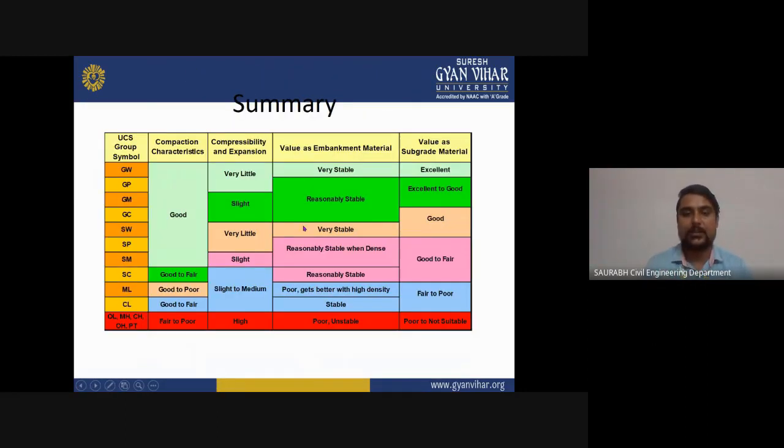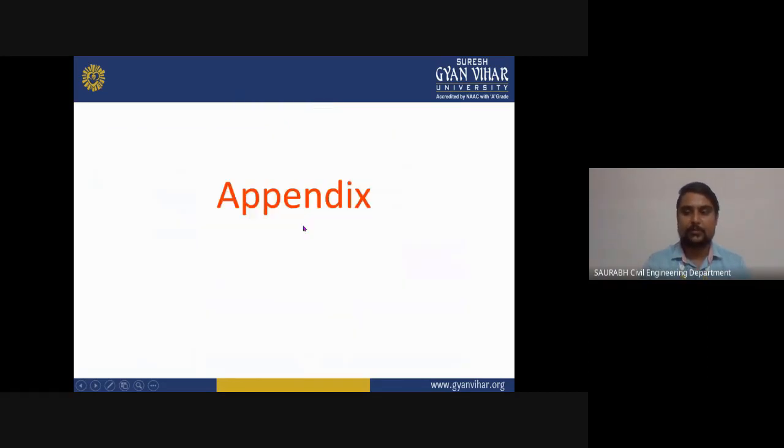Now this is the method of preparing a summary. By this method you can prepare the summary of compaction of the soil. As you can see here, there is the USCS group symbol and compaction characteristics, compressibility and expansion, value as embankment material, value as subgrade material.